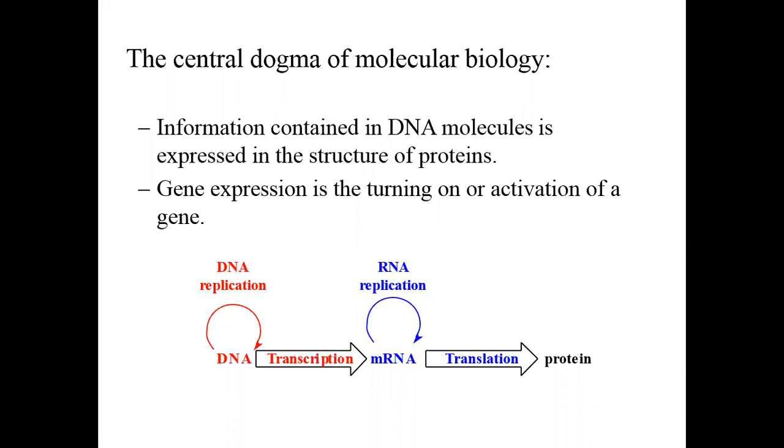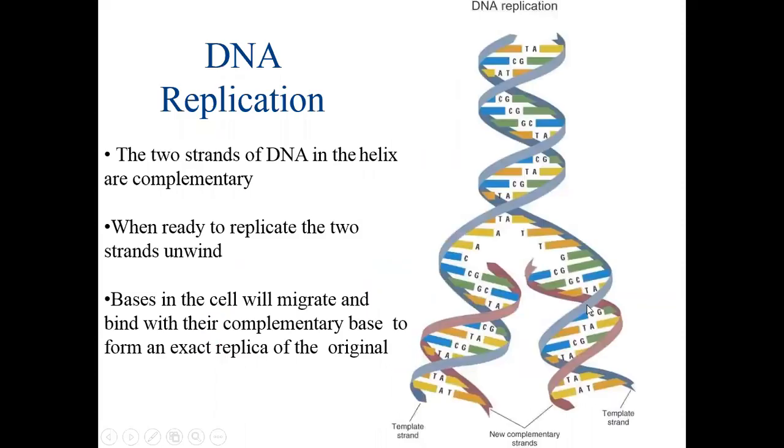This is the total form of the central dogma, where I am showing you that DNA has the ability of self replication, and it is transcribed into RNA, and from RNA the genetic information flows with the process of translation into proteins.